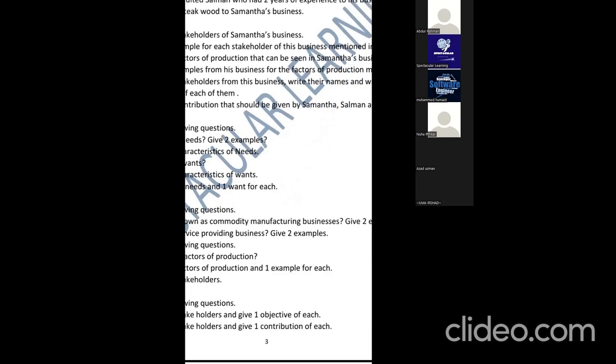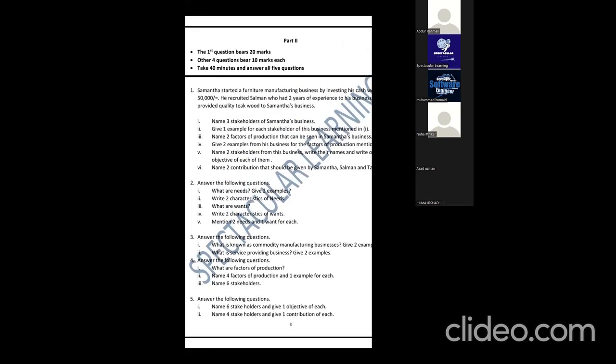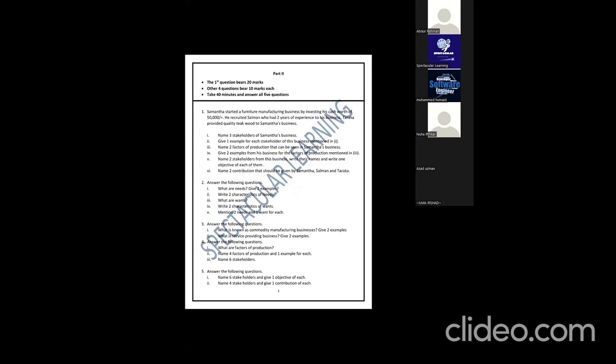So do you all wish to do some O-level past papers which have questions related to this lesson? Raise your hand if you would like to. Only one person wants to do.